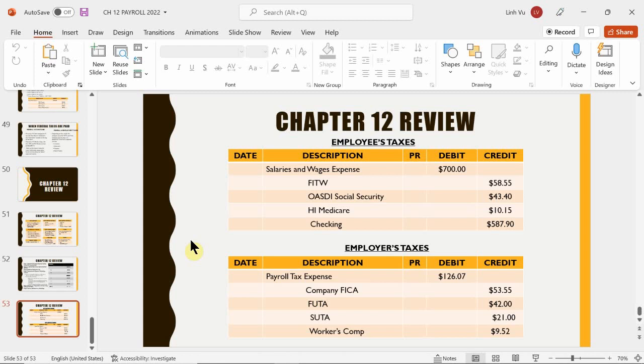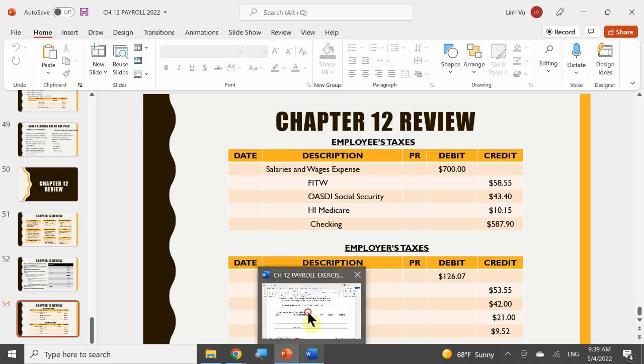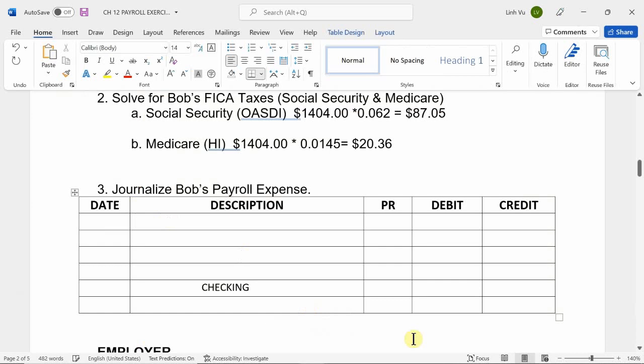Okay. FITW, what else? Social Security and Medicare, okay? What's the first thing you need to recognize? Okay, salaries and wages expense.